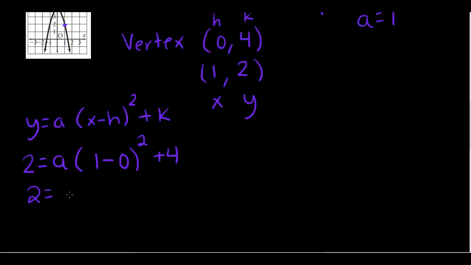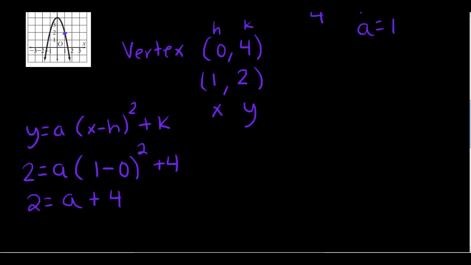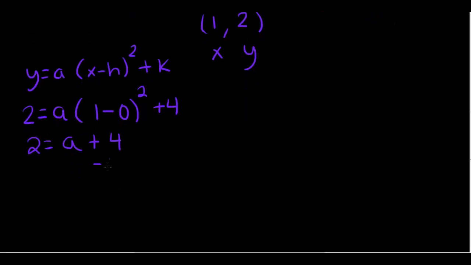So 2 equals 1 minus 0 is 1, 1 times 1 is 1, so a plus 4. We take away 4 from both sides. 2 minus 4 is -2 equals a.